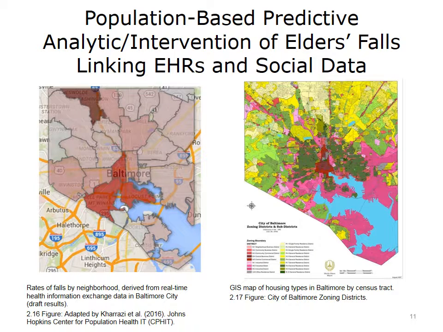The last slide in this case study series is also a Baltimore project. Recently funded by the Robert Wood Johnson Foundation and other sources, it is a collaborative effort between the Johns Hopkins Bloomberg School of Public Health and CFIT, the City of Baltimore, and the CRISP HIE that attempts to link medical data, social data, and even meteorological data to look at factors that are linked to the falls of elders.